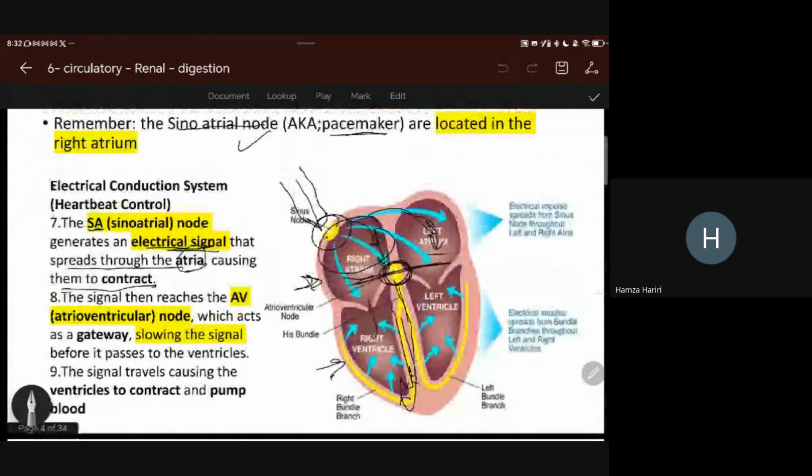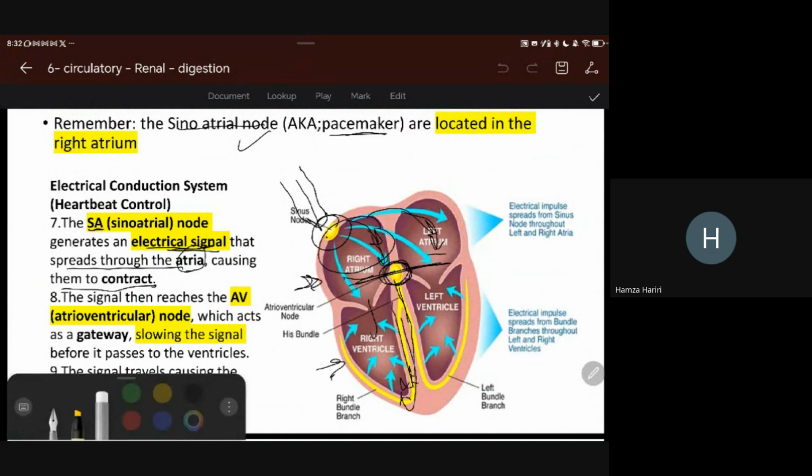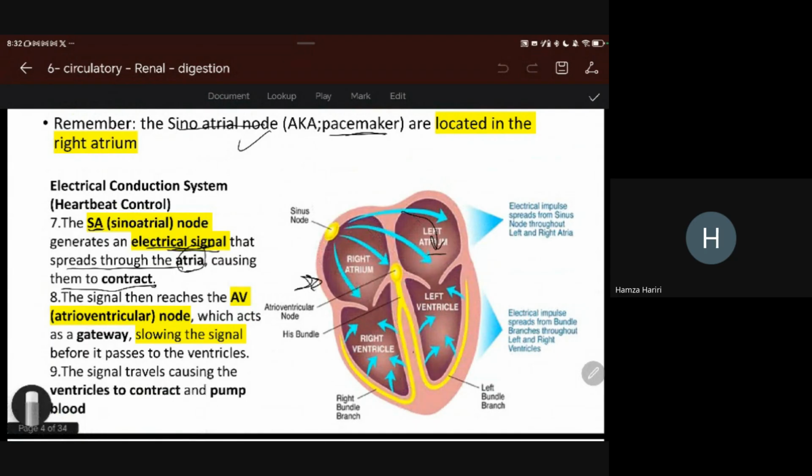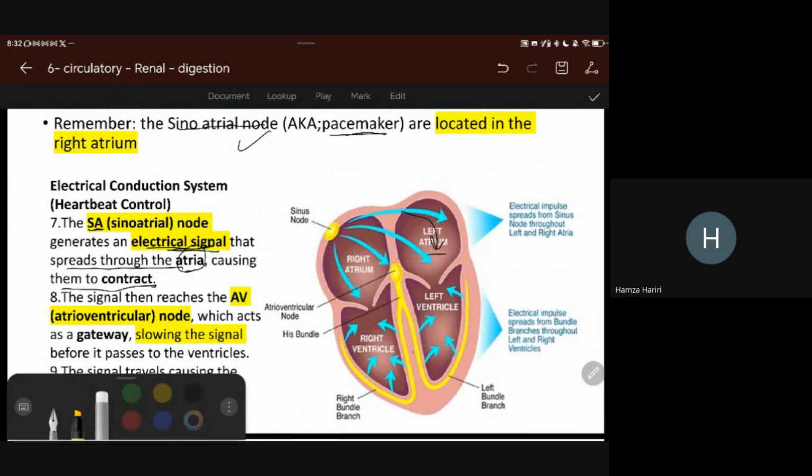First of all, we have two nodes right here: the sinoatrial node and the AV node.